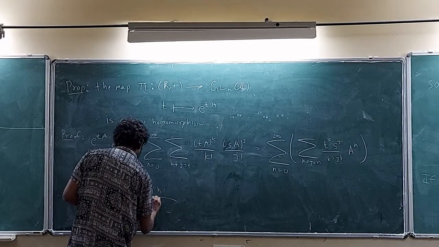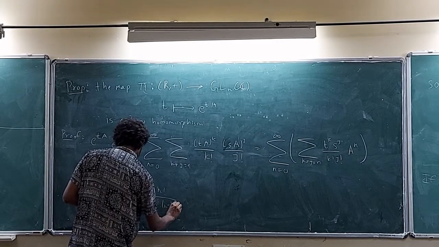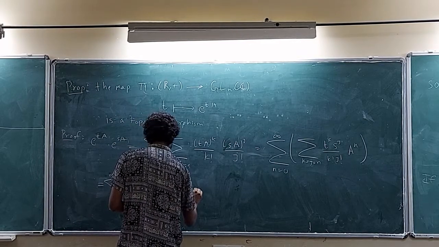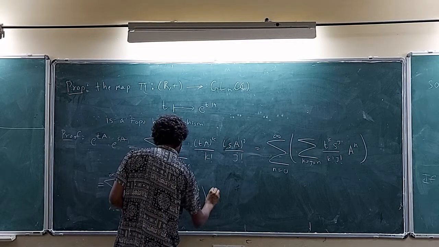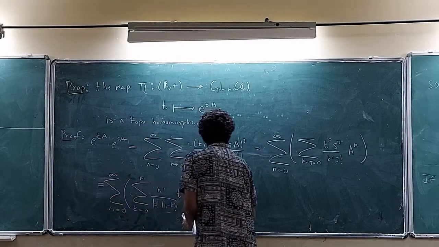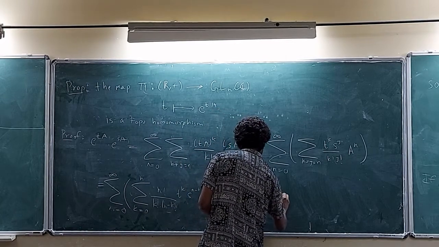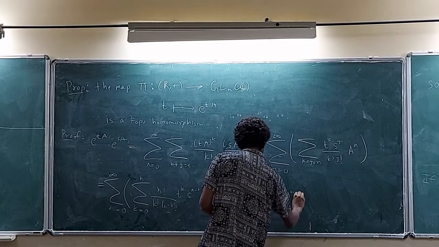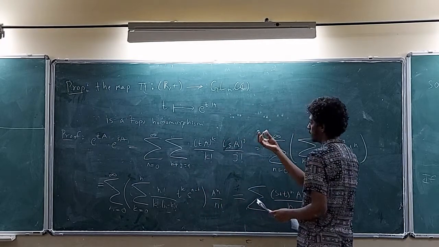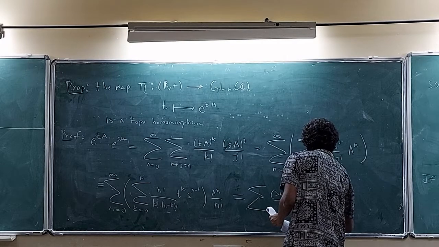Here we just pull a factor of n factorial out to make this expression into a standard binomial expansion, and then the rest follows trivially. So that comes out to be the form that we want. It is (s plus t) power n, A power n, by n factorial, which by definition of the matrix exponential is equal to e power (s plus t)A.